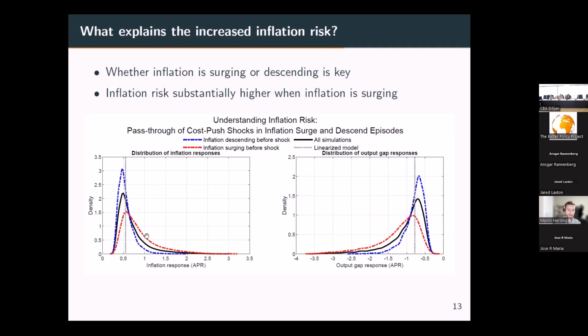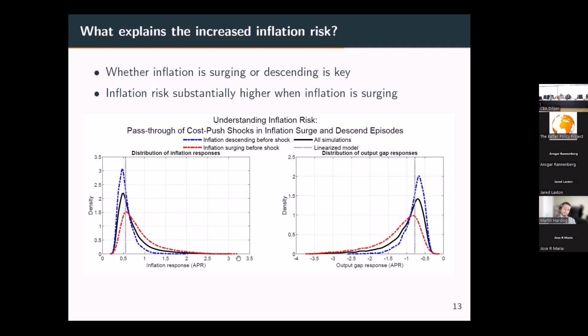And in red, you have the density of the 1 year impulse responses when inflation is increasing before the shock. And you see that when inflation is increasing before the shock, you have much more mass to the right, and in fact a much fatter and larger tail to the right.